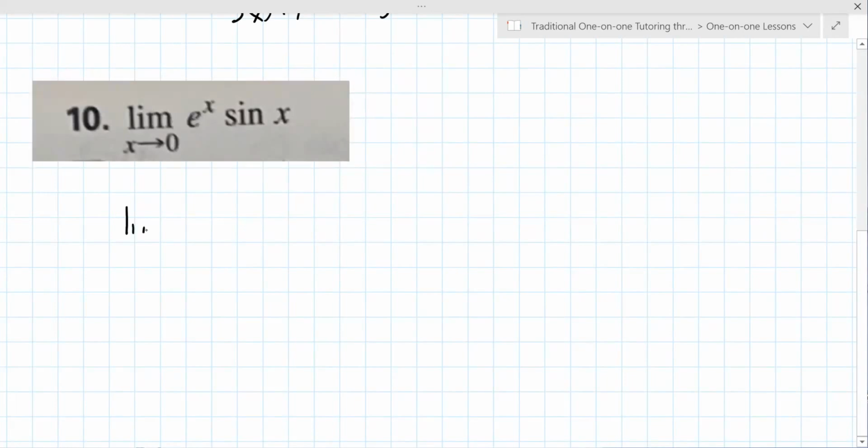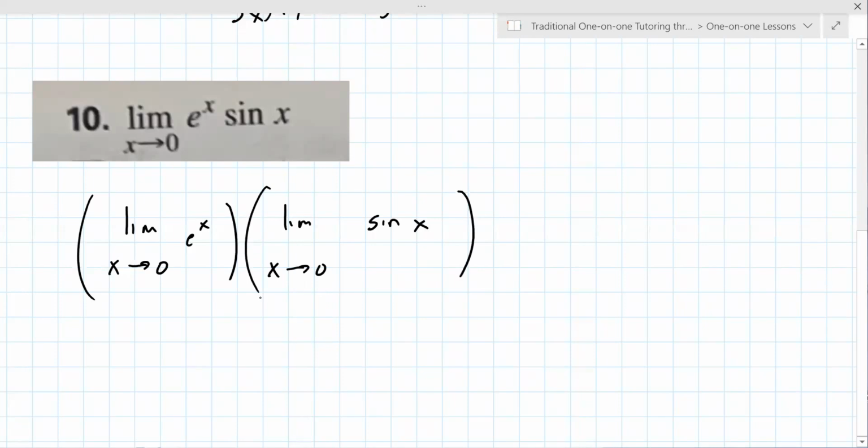So this is the limit as x approaches 0, e to the x times the limit as x approaches 0, sine x. And we always talk about the very first strategy is you always just put the number in. So this is e to the 0 times sine 0. And this is 0. So it doesn't really matter what this is. It always becomes 0.